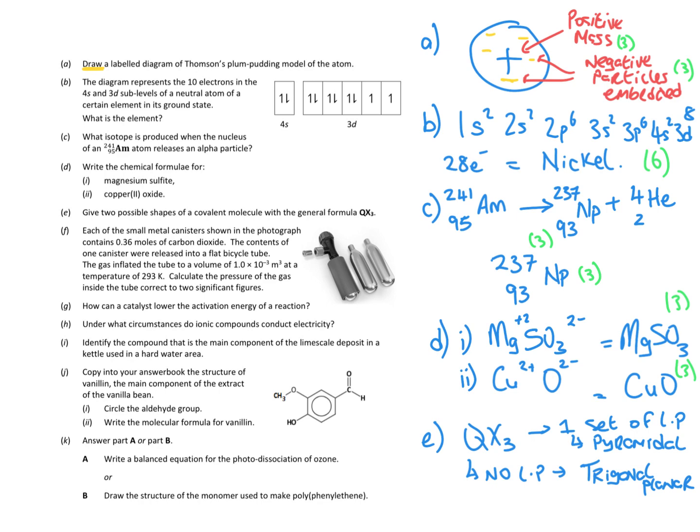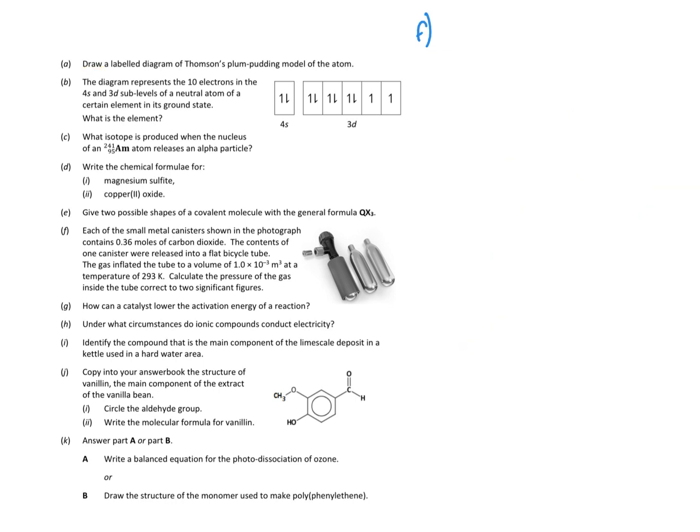So if you got the structure of the magnesium sulfite wrong but got the copper oxide correct, you'd still get 3. Same for part E, there were 3 marks each for pyramidal and trigonal planar. So if you got one wrong and the other right, you would still get 3 marks. Let's continue with the next few parts of the question, and we'll go back to the marks for those once we have them completed.